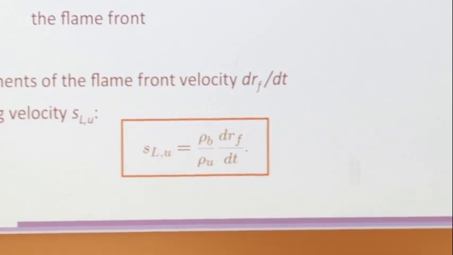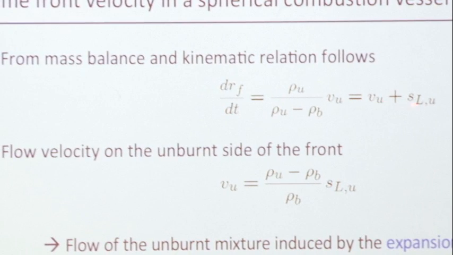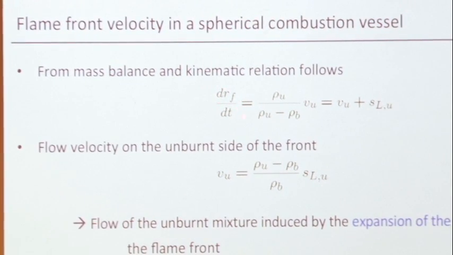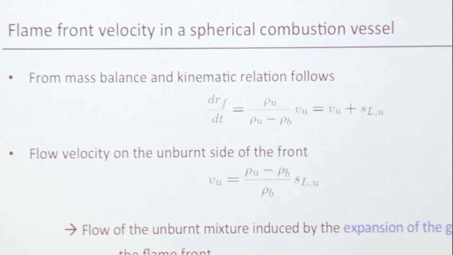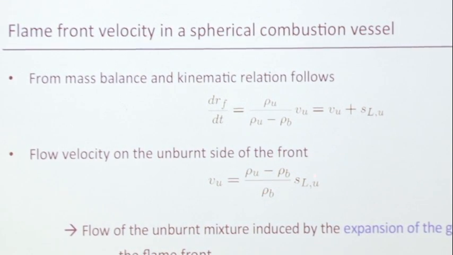Okay, if I now use this kinematic relation again and plug it in here, then I get something like this. The RDT is equal to VU plus SL. And then I can solve this here for VU, and compute the flow velocity on the unburned side as a function of SL.